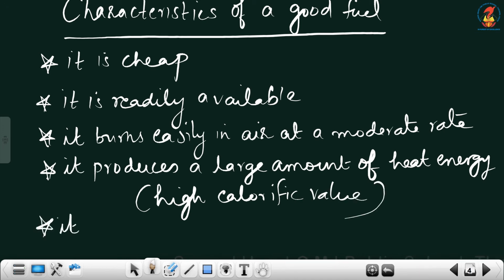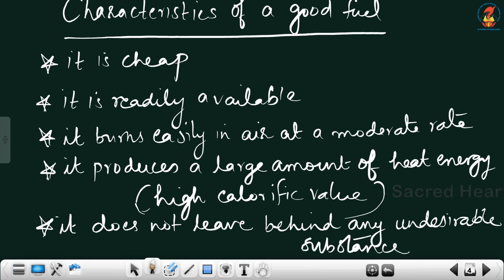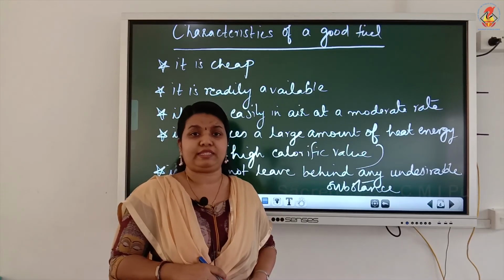Next one, it burns and doesn't leave behind any undesirable substances. That is, upon burning it shouldn't leave behind a lot of smoke or poisonous gases. Polluting substances shouldn't be released into the air.